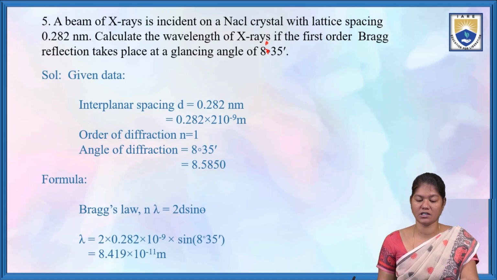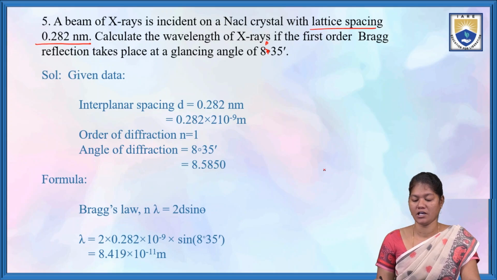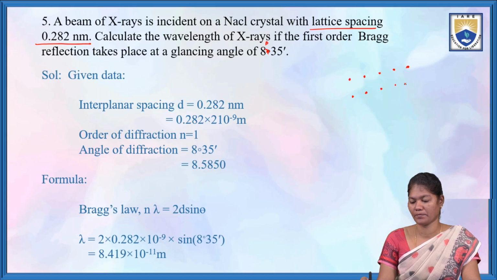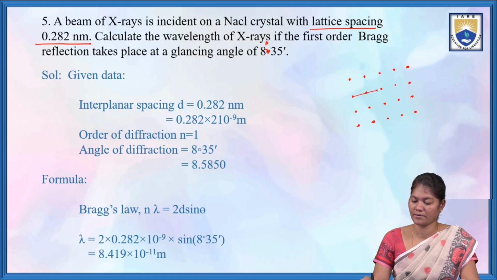So the given data is lattice spacing. Lattice spacing means the interplanar spacing. This is the crystal lattice, and the lines passing through the lattice points give the lattice planes.